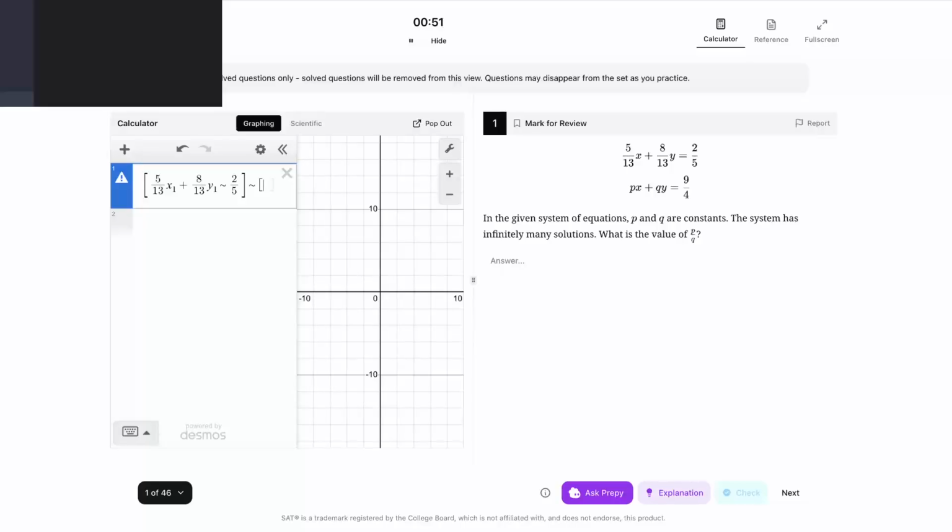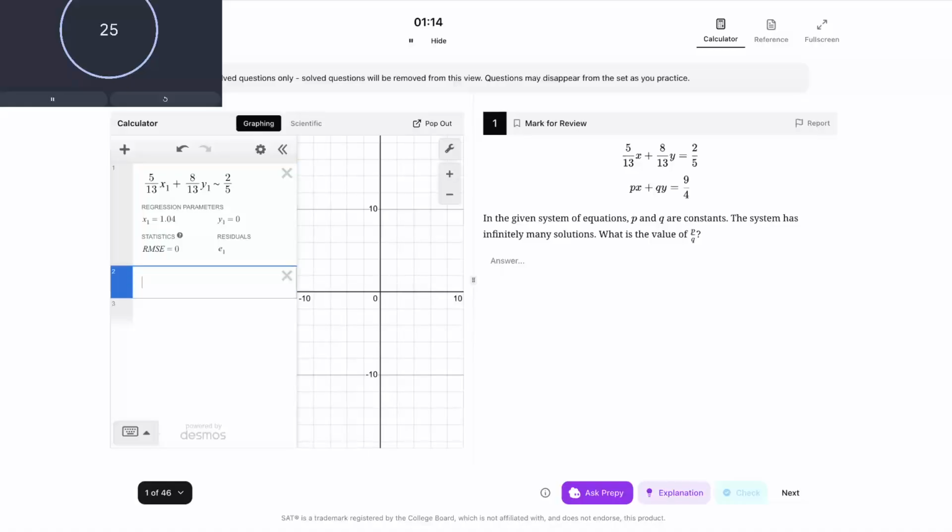PX1 plus QY1 is equal to this equation equal to 9, 4. It was something like this. Um crap. What do I do? What do I do? Okay, I'm just gonna do this. Why not?